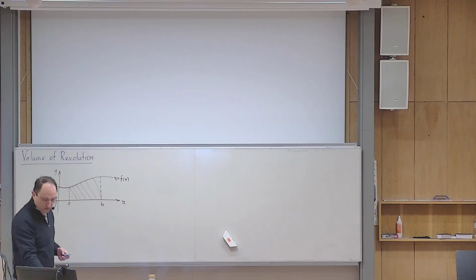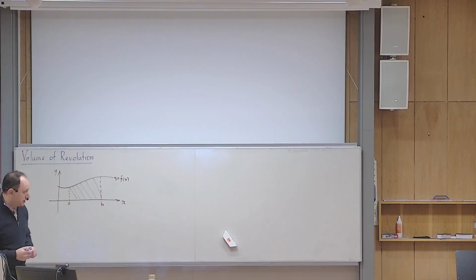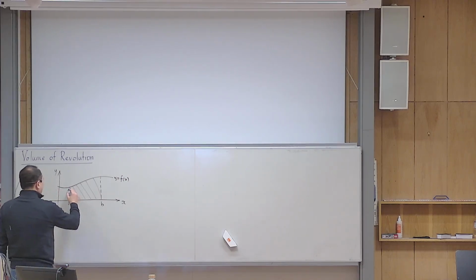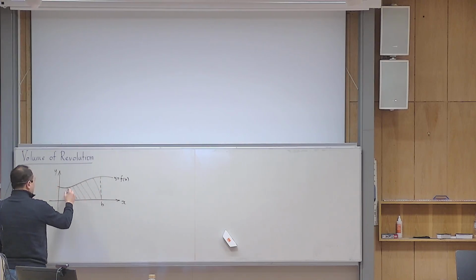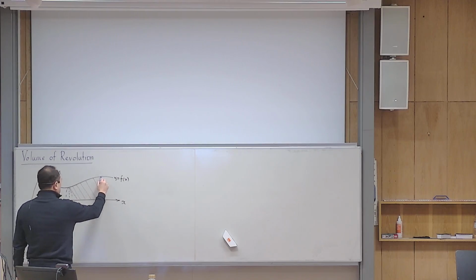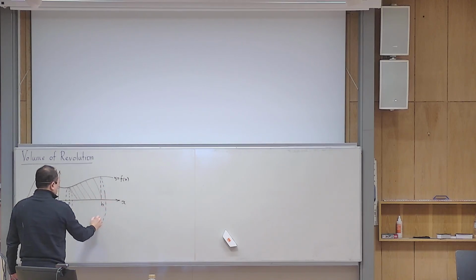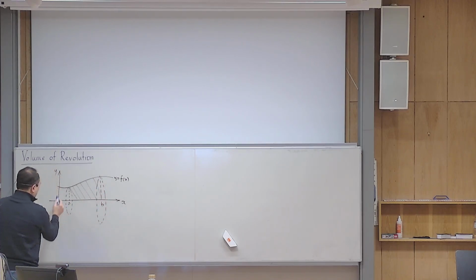Yes, so drawing this by hand is not that easy, but let me try to motivate you. For example, I want you to imagine, so if you rotate this area here, so hopefully you realize that it will generate something like this. This generates a little bit bigger one, and then you will have something like this.